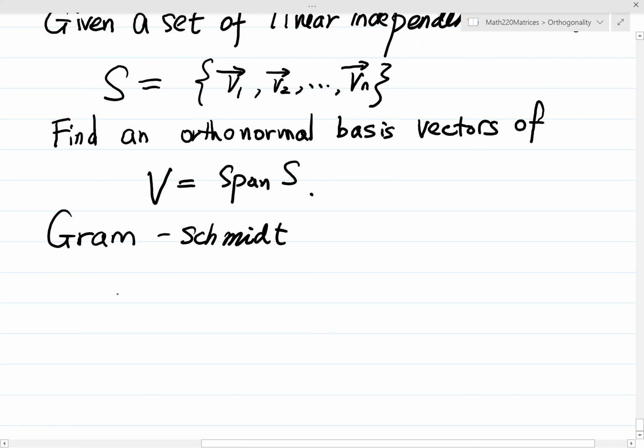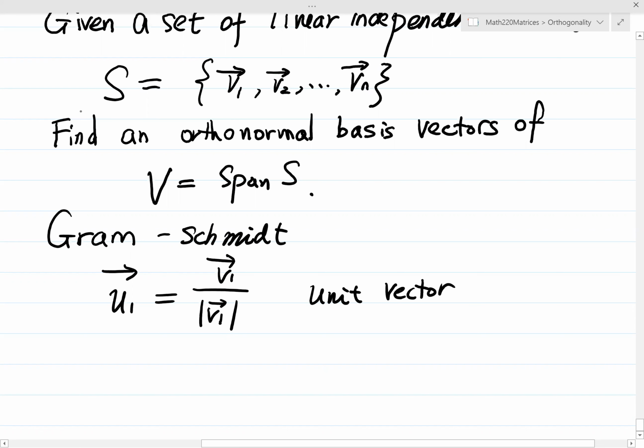We fix the direction of V1, then we normalize it, so we make it a unit vector. U1 is the vector V1 divided by its norm. So we get a unit vector.